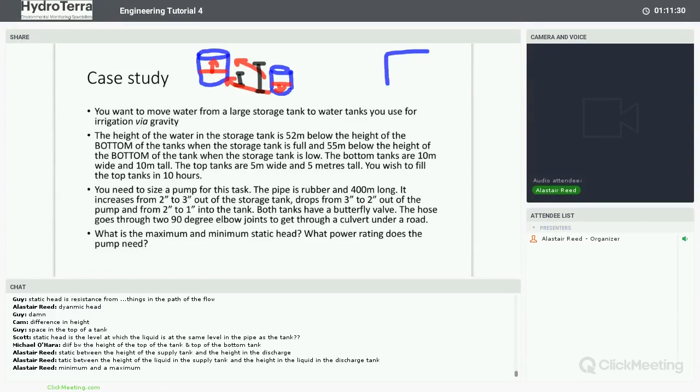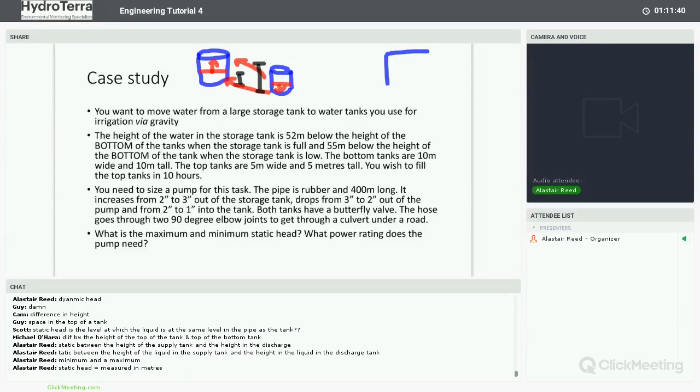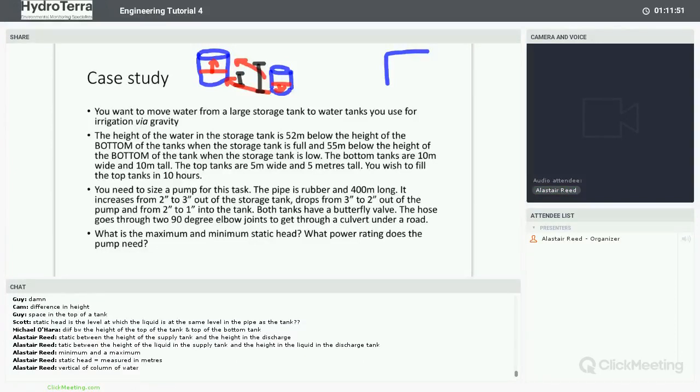And this is all detailed very clearly in the notes. So that's our static head. Static head's pretty simple to understand. It's measured in meters. And it's the meters, effectively, of the vertical column of water.